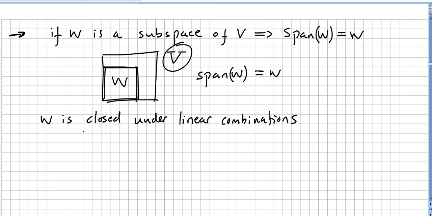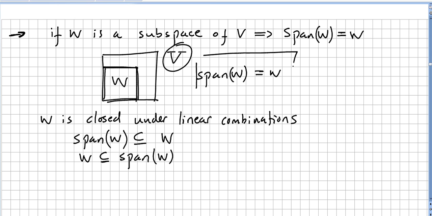And since W is closed under linear combinations, the span, if I pick the vectors here, the span of W will be a subset of W. But on the other hand, W is also in the span of W. So we can say that the span of W is W itself.